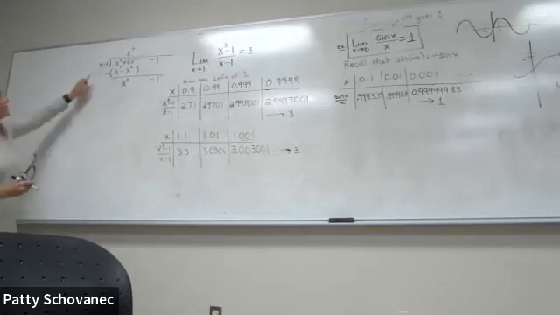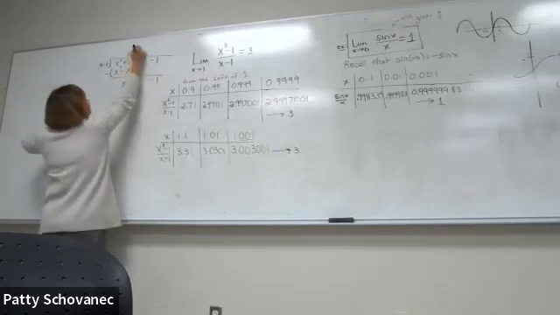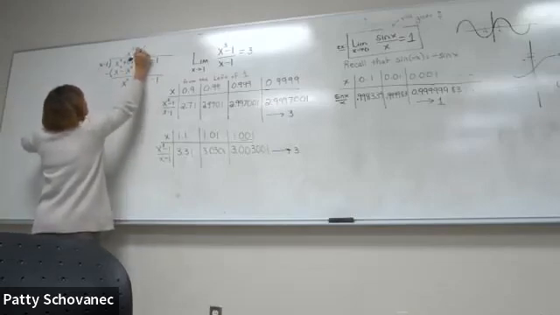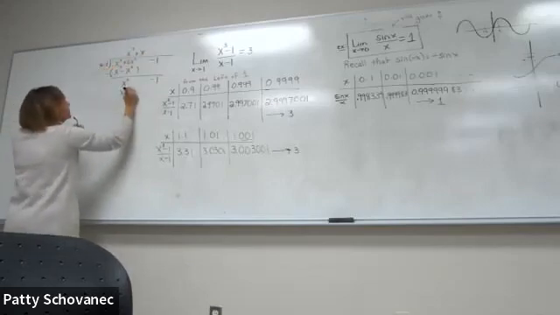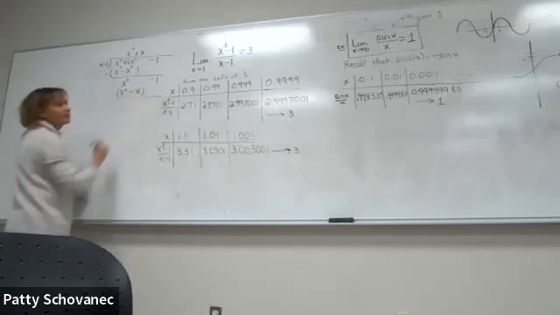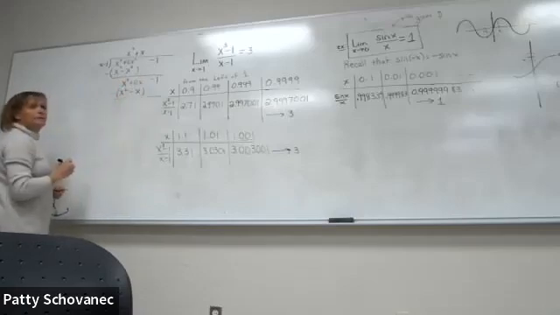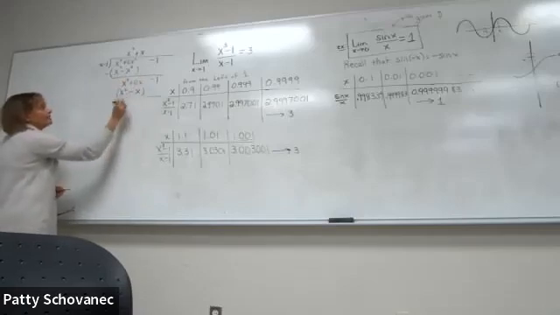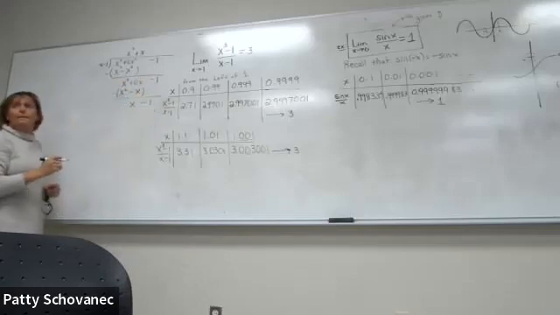So I do it again. I divide x into x squared. I need a factor of x to get me there. X times x gives me the x squared. X times the minus 1 gives me a minus x. Subtract that line from the line above it. The line above it has a 0x here. And when I subtract the negative, I get a positive x, and then the 1 from over there.